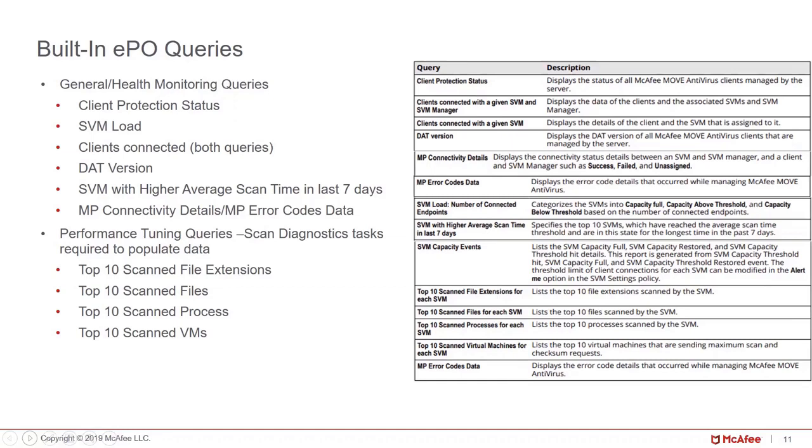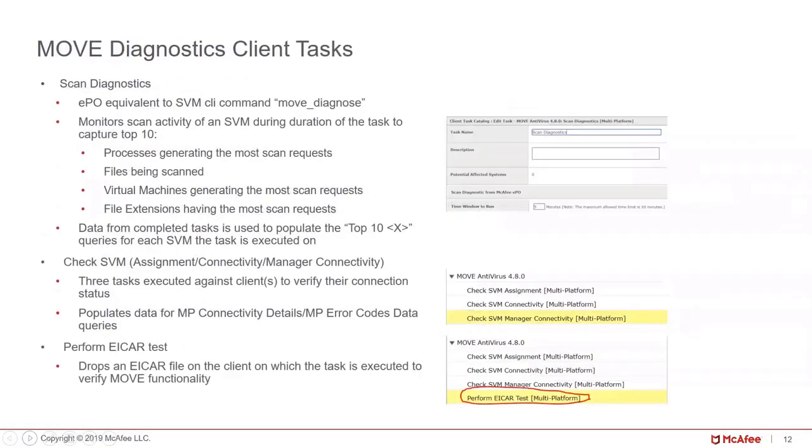And then for actual performance tuning queries themselves, these do require you to run the scan diagnostics task to populate the data, but there's the top 10 scanned file extensions, top 10 scanned files, top 10 scanned processes, and top 10 scanned VMs. So for the client tasks themselves, we have the scan diagnostics client task.